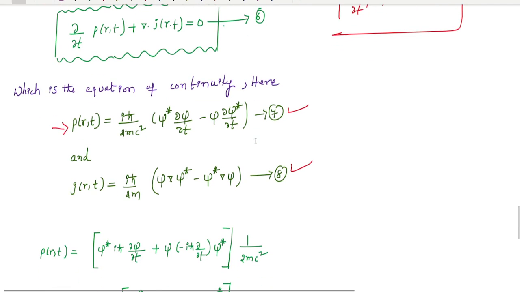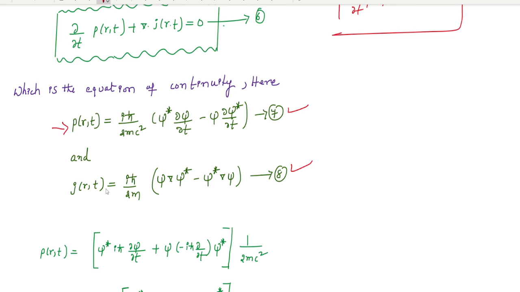Here we define the position probability density by equation number 7 and the probability current density by equation number 8. This expression for J(r,t) is identical with the one in the non-relativistic case.